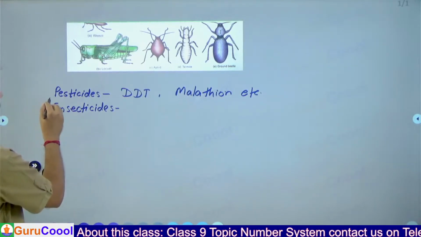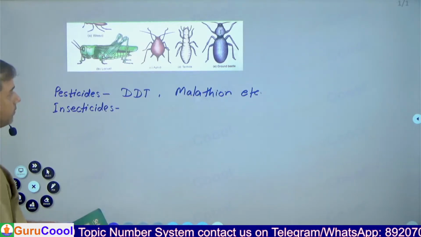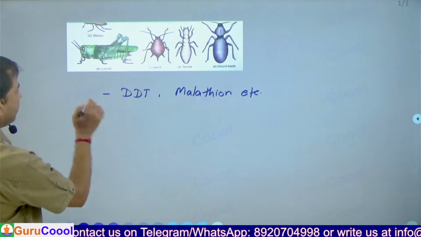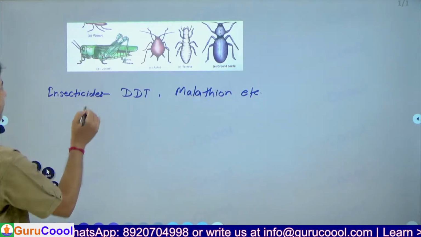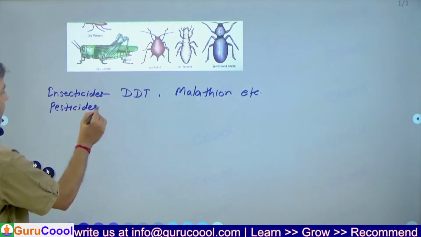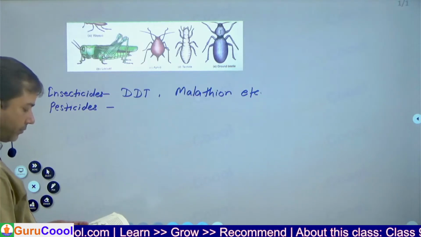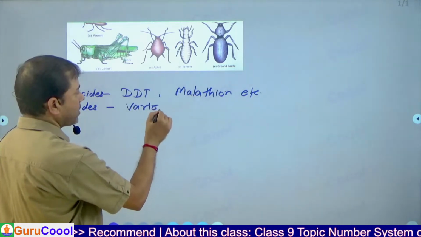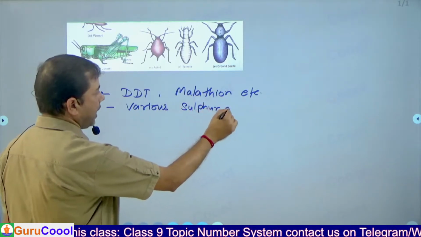Pesticides and for fungicides also. Wait, actually these are insecticides itself. And for pesticides, including fungus, bacteria, etc., various sulfur and copper salts.